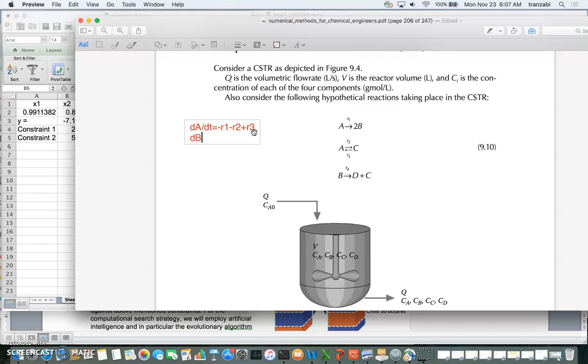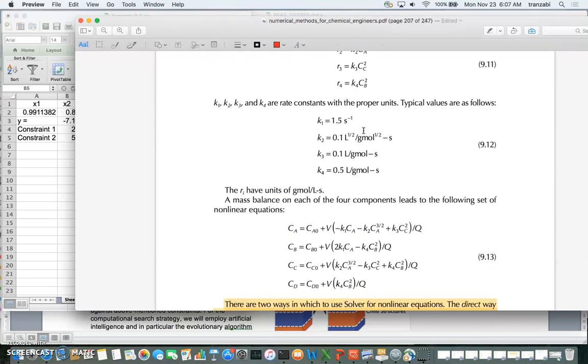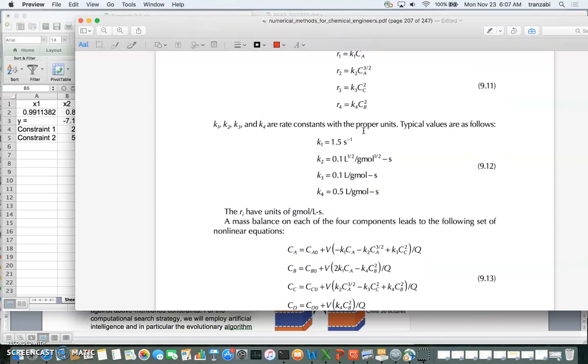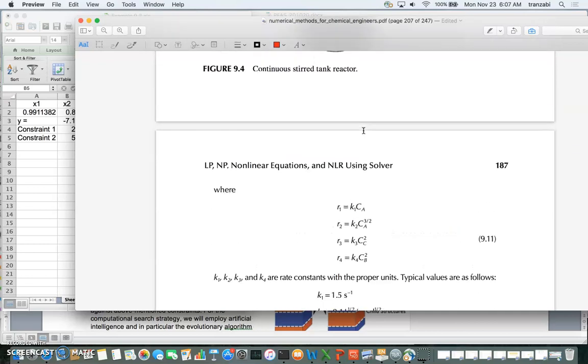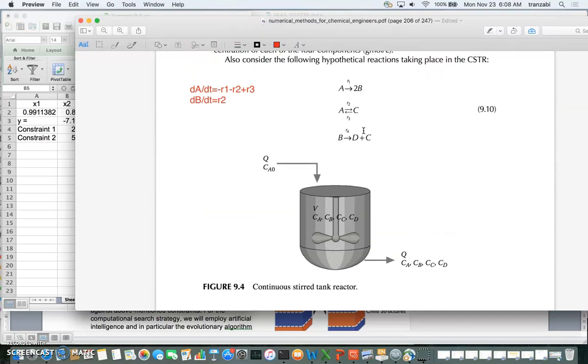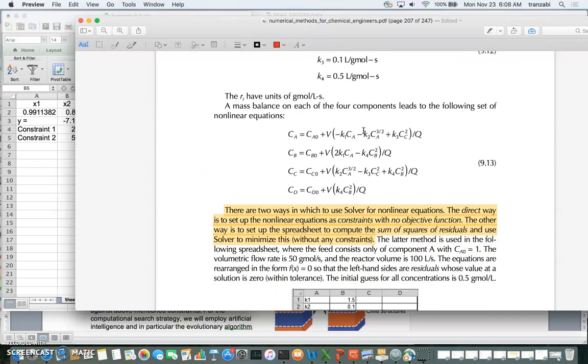You can say dB/dt is equal to R2 plus, because R2 is adding concentration of B. Just make sure, let me see, that is R1, right?